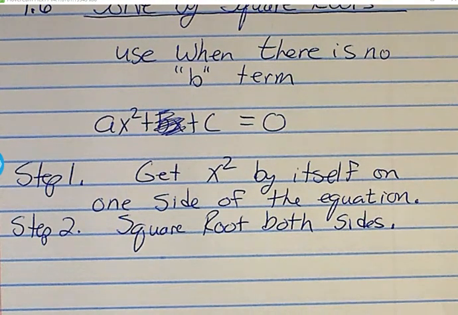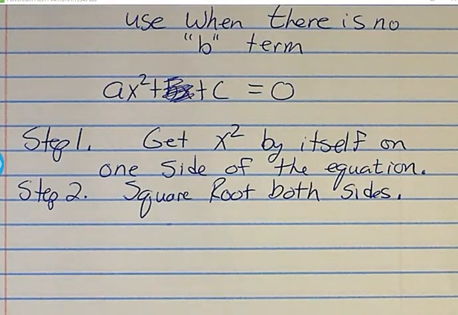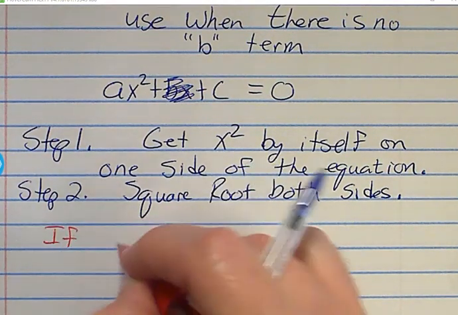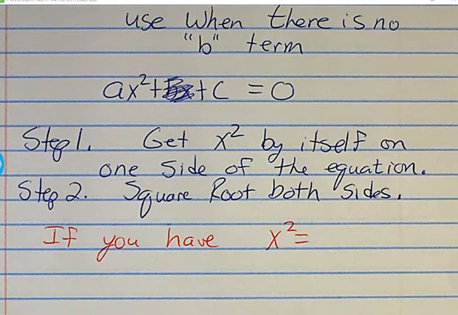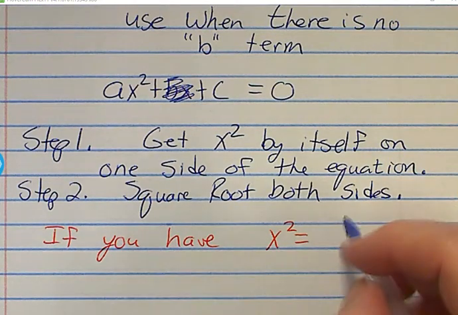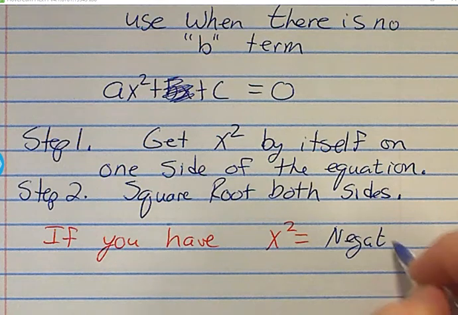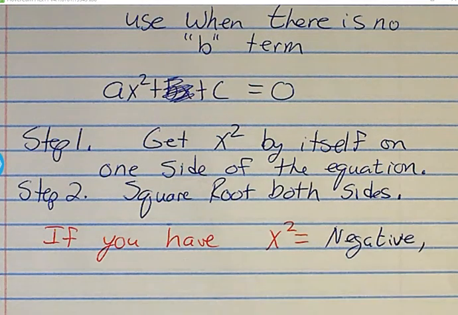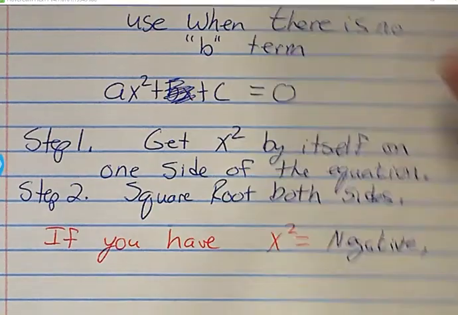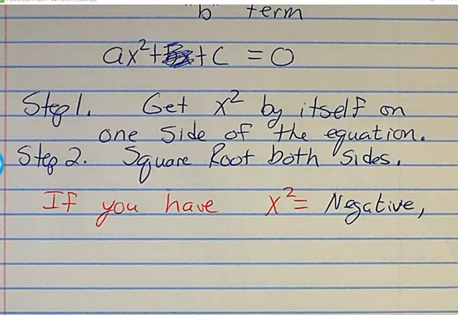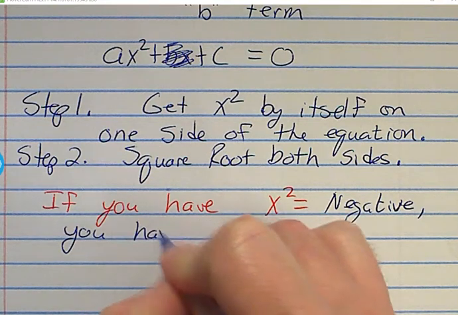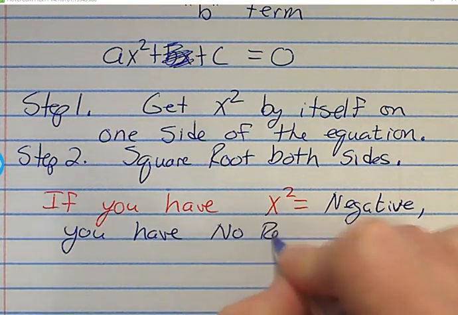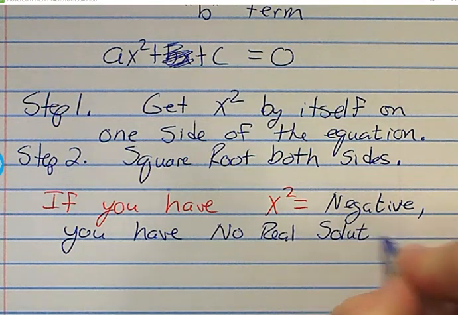Okay, now one small thing on this one. One little trick question here. If you have x squared equal to a negative, then you're going to have no real solution.